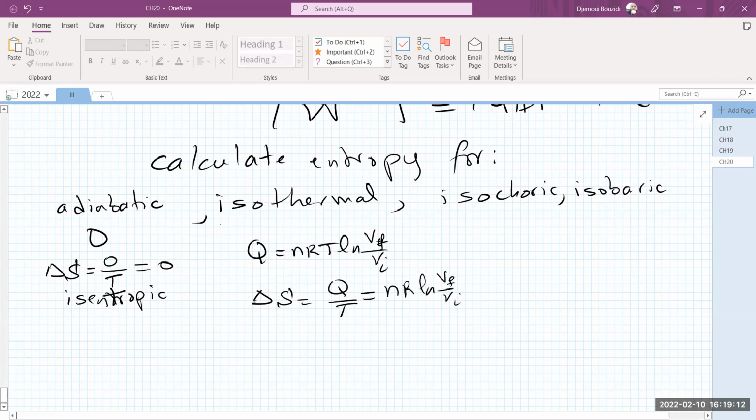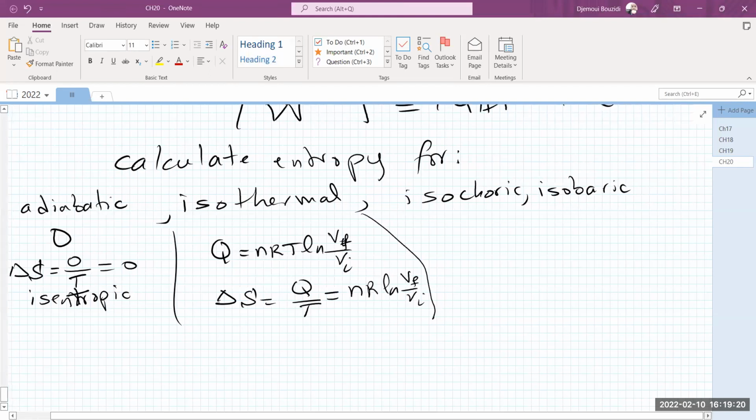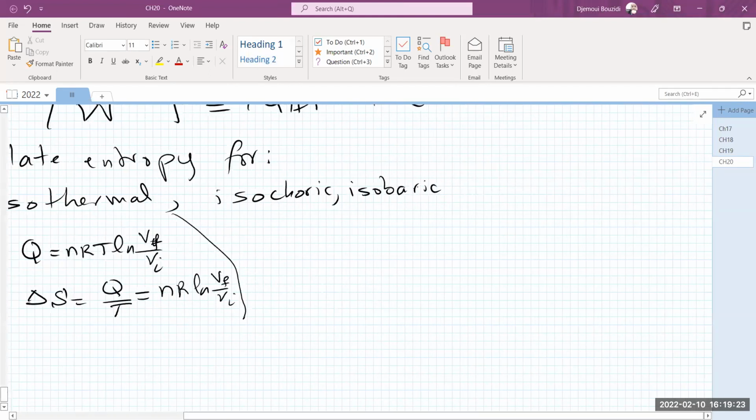So this one and that one are easy. These two require some work. I'm going to extend this isobaric and isochoric and add to them another process that we have seen, and that is for calorimetry, in this case calorimetric processes.